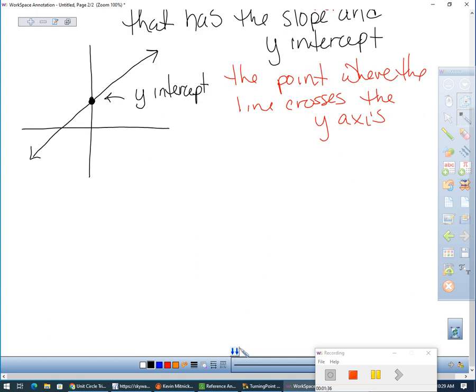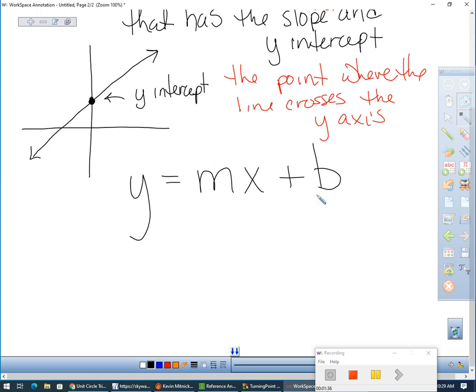Now, when I say slope-intercept form, it is always in the same form. Very similar to direct variation, except it doesn't go through the origin. It might go through somewhere else on the y-axis. So, it is always in the form y equals mx plus b.